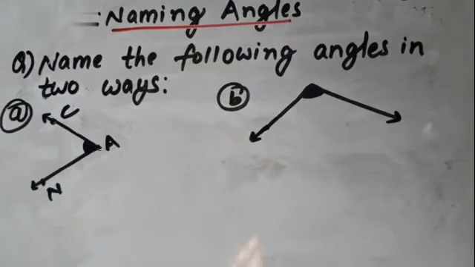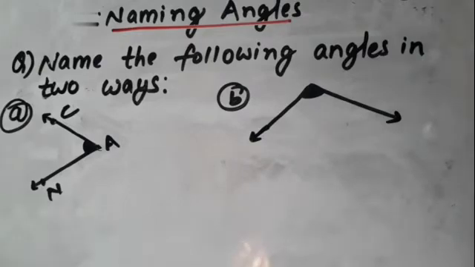While naming the angles in two ways, you always have to consider some basic things. At first you must write the symbol of angle. Similarly, you are supposed to write the angle name in capital letters.